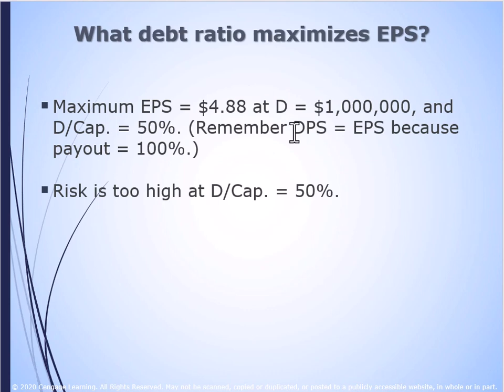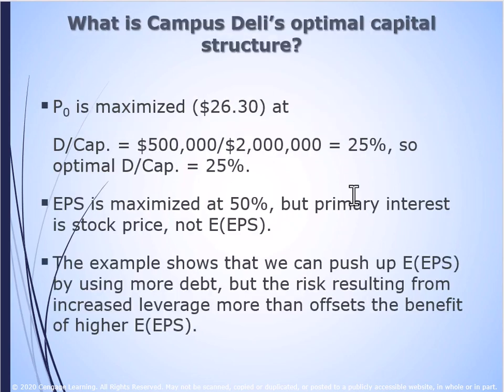Remember that the dividends per share and the earnings per share are the same here because it's 100% payout. So the risk is too high when the debt capitalization is at 50%, right? So what debt ratio maximizes earnings per share? If we go back and look, we can see at what point it maximizes. The challenge, though, is at that point we also have a lot of risk.